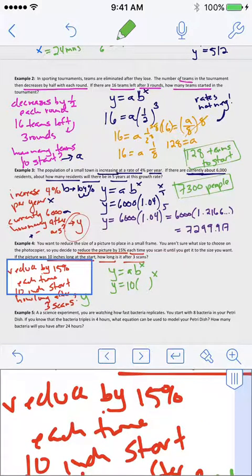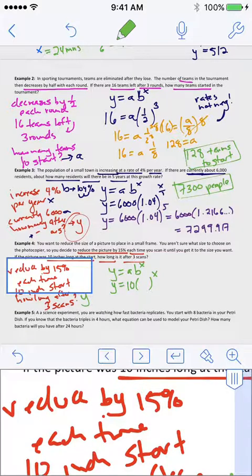X represents the number of scans, right? Each time I scan it. Now, b, let's see, reduce by 15%. Well, what's happening here? I'm taking away 15%, which means how much am I actually going to be left with? I'm not going to be left with 15%, right? I'm going to reduce it down.